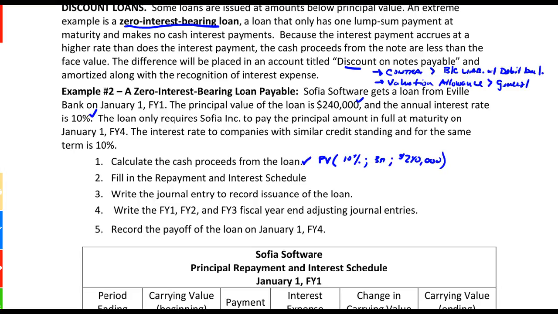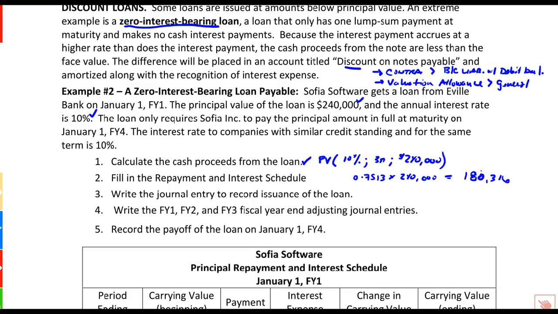So if we're using the table, the factor for 3 periods at 10% is 0.7513 times 240,000, which equals 180,316.